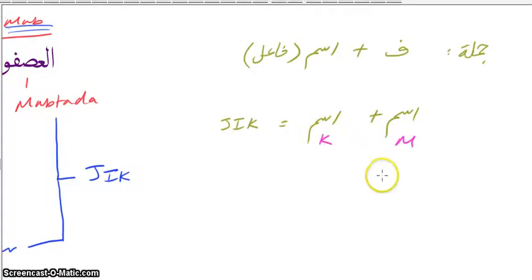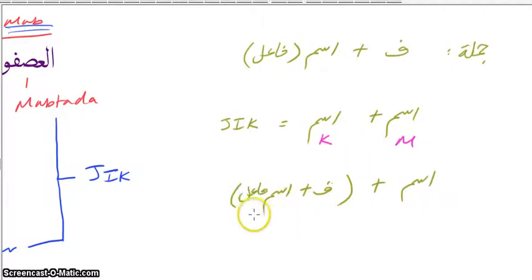It can also be made of an ism and then a fi'l and an ism. Can you see this sentence? We'll do that afterwards. Fi'l and an ism, which was the fa'il. So this is a jumla fi'liya khabariya, which is the khabar of this mubtada.